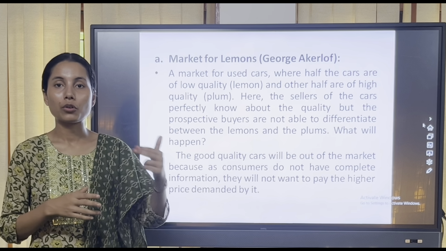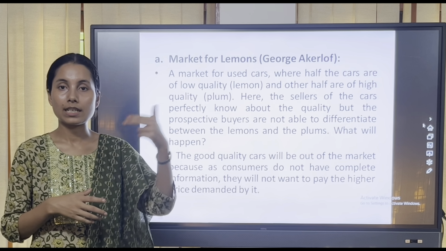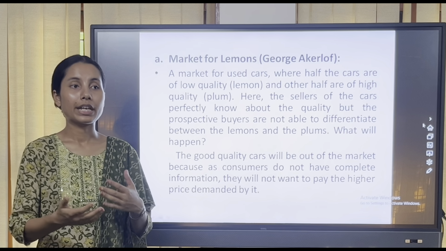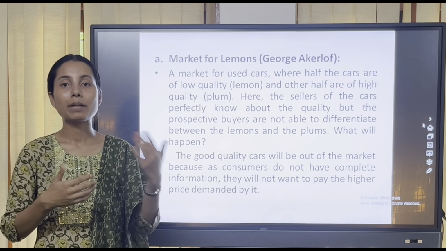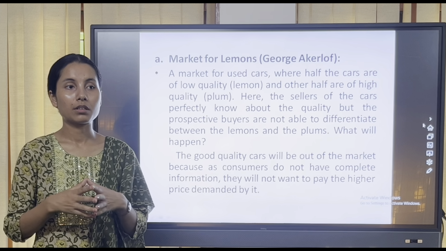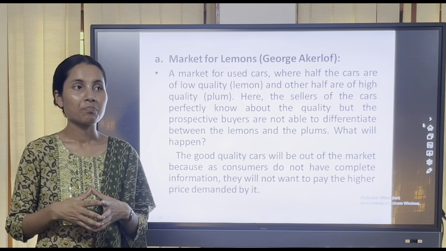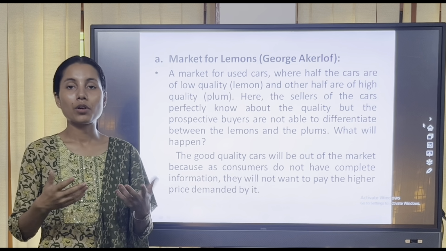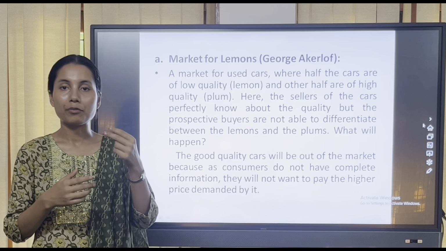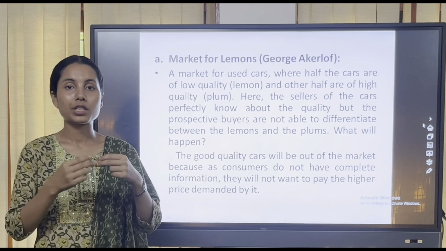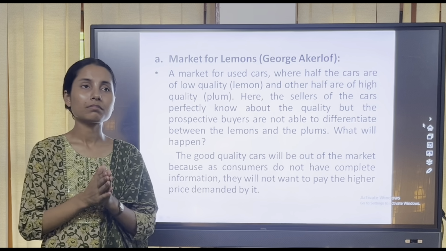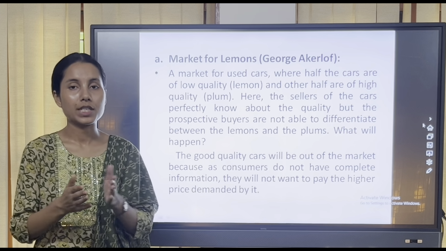I will look at the two prices, the higher price and the lower price, and I will think about the probability of getting a good quality car or a bad quality car. I do not know what the probability is. There can be 50-50 chances, right? Therefore, what will I do? I will define an average price, a price in the middle between the higher and the lower price, and I will offer that price to the seller.